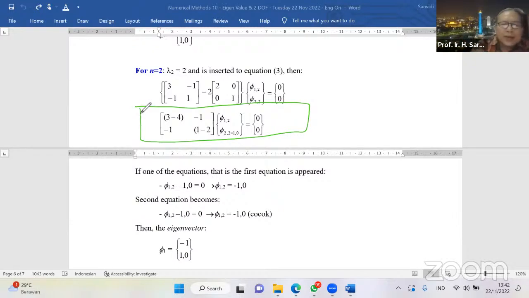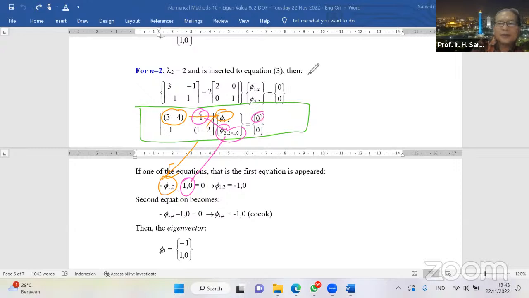The one is here: 2 times this one equals to this one. Then thirdly, this times this one equals to this. Okay, what is 0 here? 0 here is this one.